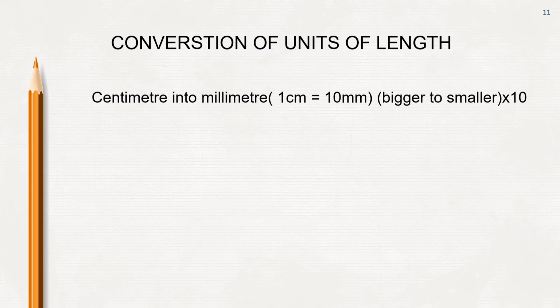Here, centimeter is bigger, right? And we have to convert from centimeter to millimeter, means from bigger unit to smaller unit. So, whenever we have to convert from bigger unit to smaller unit, we will have to multiply. Multiply by 10, because 1 centimeter equals 10 millimeters, right?